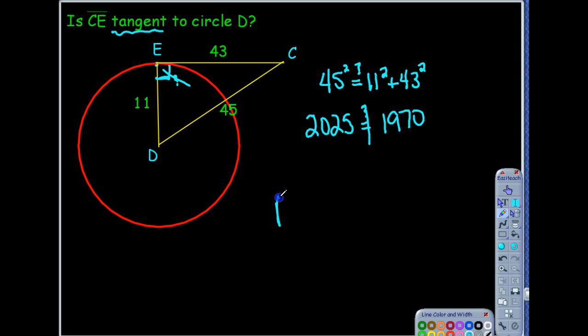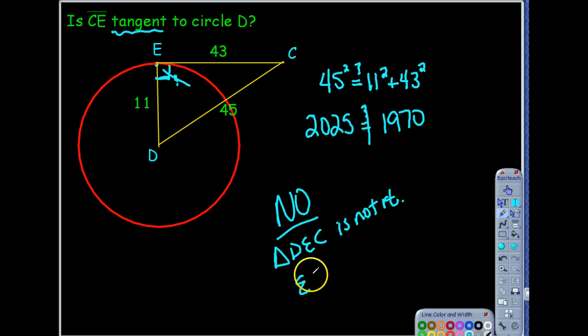I would say no. And here's the deal. If they asked you to explain, which we often have you do, I want you to think about how to explain this. We found out that it wasn't a right triangle, so I would say no because triangle DEC is not a right triangle. And why does that prove that it's not tangent?